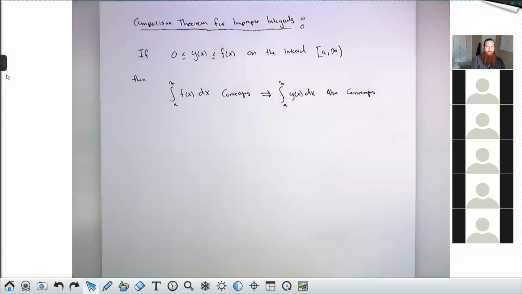That was the claim that we made about the 1/x squared and 1/x cubed integral, right? Because the one area fits inside the other area. If the big area is finite, then the smaller area must also be finite.